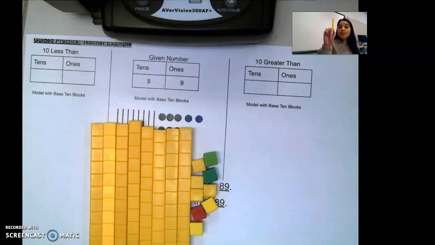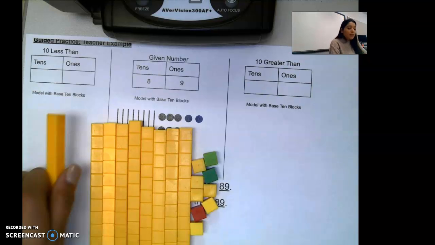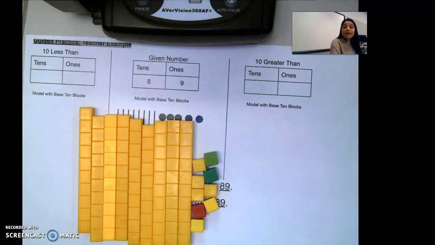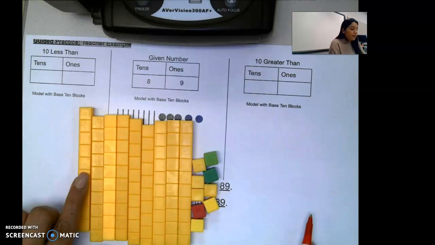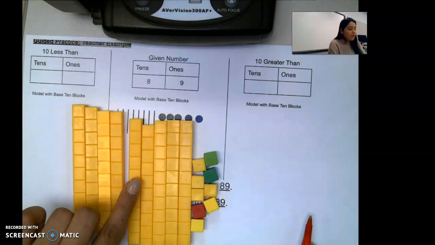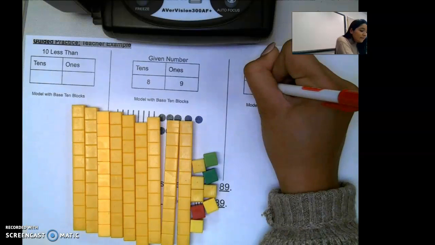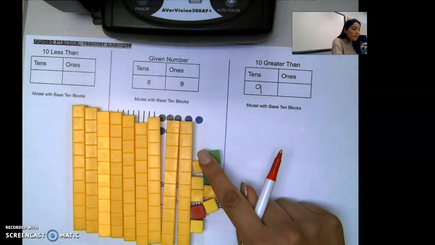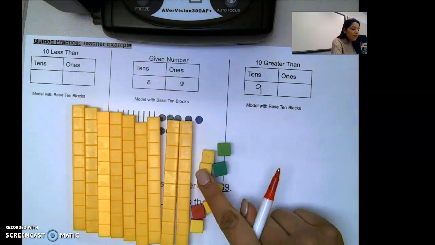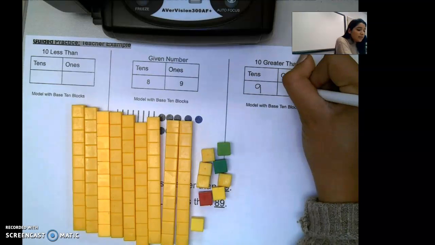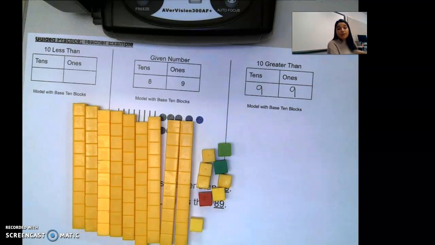So all we're going to do is add a 10 long block. Now we're going to count how many 10s we have. 1, 2, 3, 4, 5, 6, 7, 8, 9 10s. How many ones? 1, 2, 3, 4, 5, 6, 7, 8, 9 ones, because we didn't add any ones, we just added 10s.